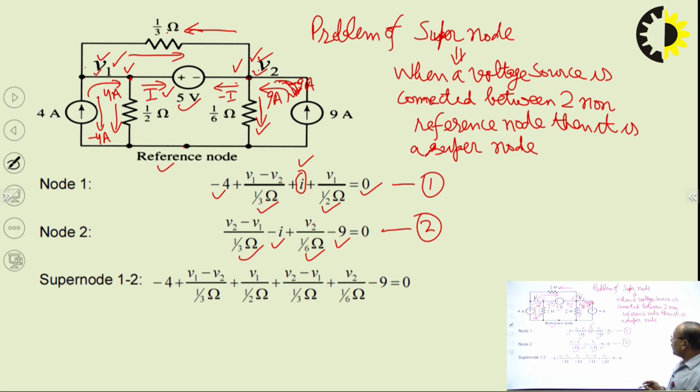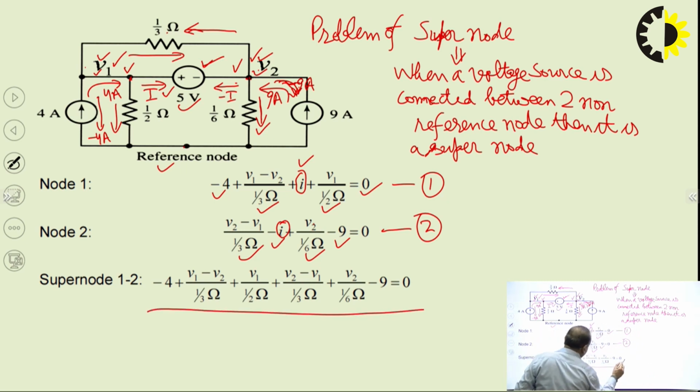So, what we do now, we eliminate this current I from equations 1 and 2, since we are not able to find it, there being no resistance in this branch. On elimination of I from equations 1 and 2, the combined equation comes out as this. This is equation number 3, suppose.